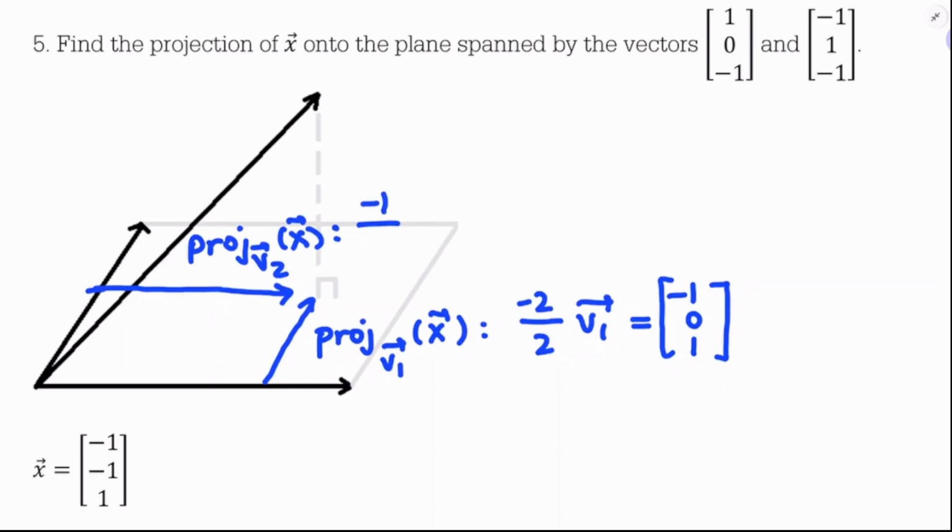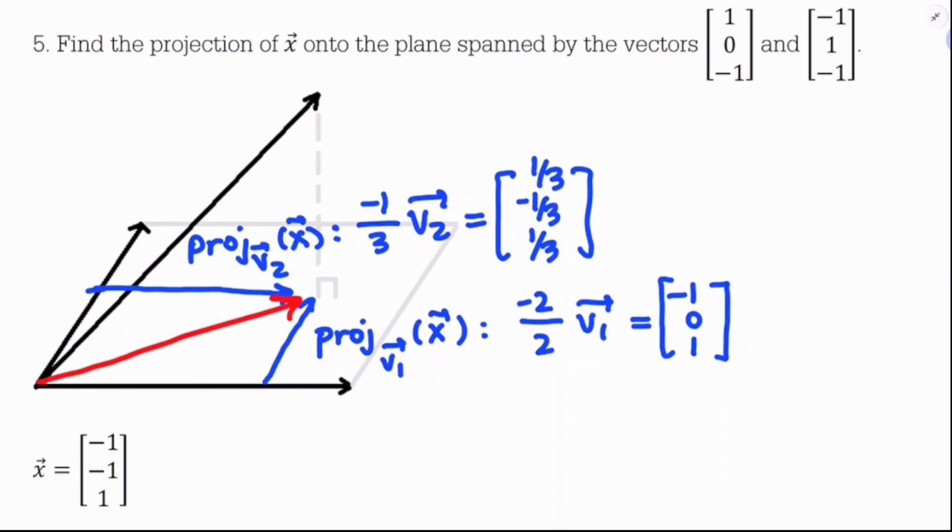Divided by V2 dotted with itself, which is 1 plus 1 plus 1 is 3. So negative 1/3 of V2, which is going to equal positive 1/3, negative 1/3, and positive 1/3. I would need to add those two projections together to get the projection of x onto the plane, the thing that I'm eventually hoping to find.